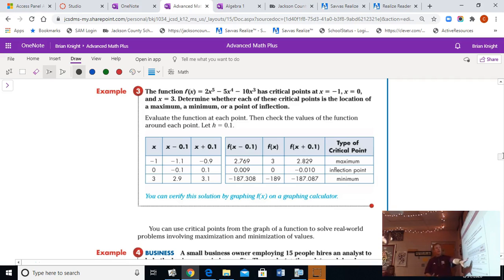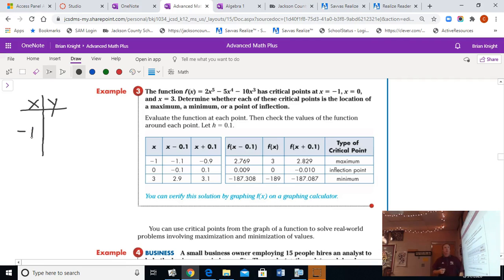So we're going to make a table. Okay? I don't really like their tables because their tables always confuse me. All right, so the first point I'm using is what? -1. So I'm going to make a table here, X, Y. I'm going to put -1 right here in the middle, and I'm going to plug it in. What do I get when I plug in -1?